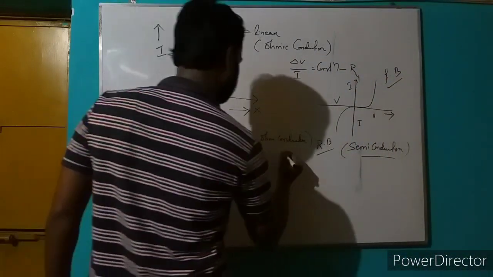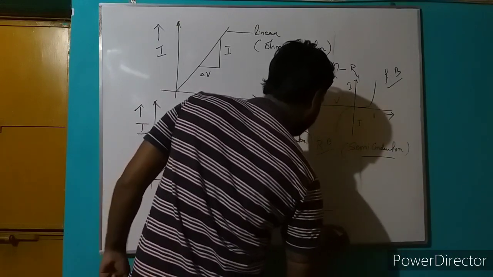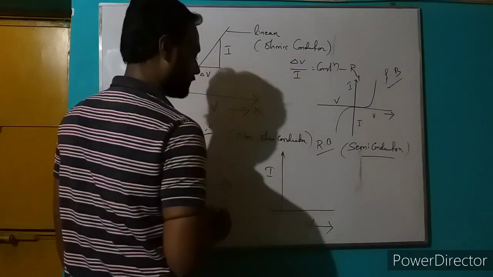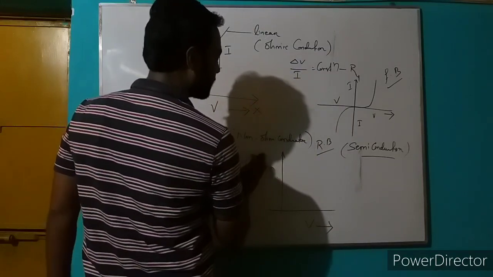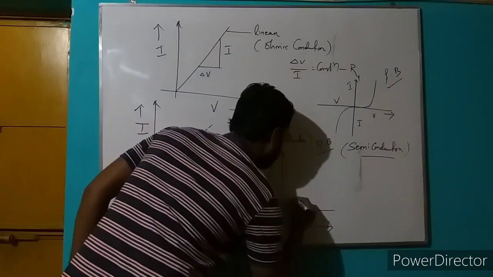Similarly, for gas, if you plot voltage along the x-axis and current along the y-axis, the graph is like that.